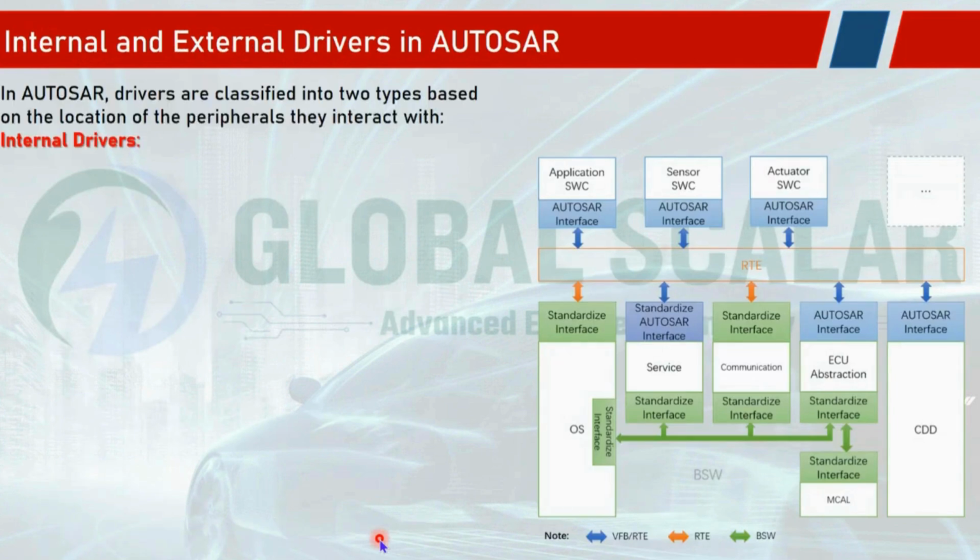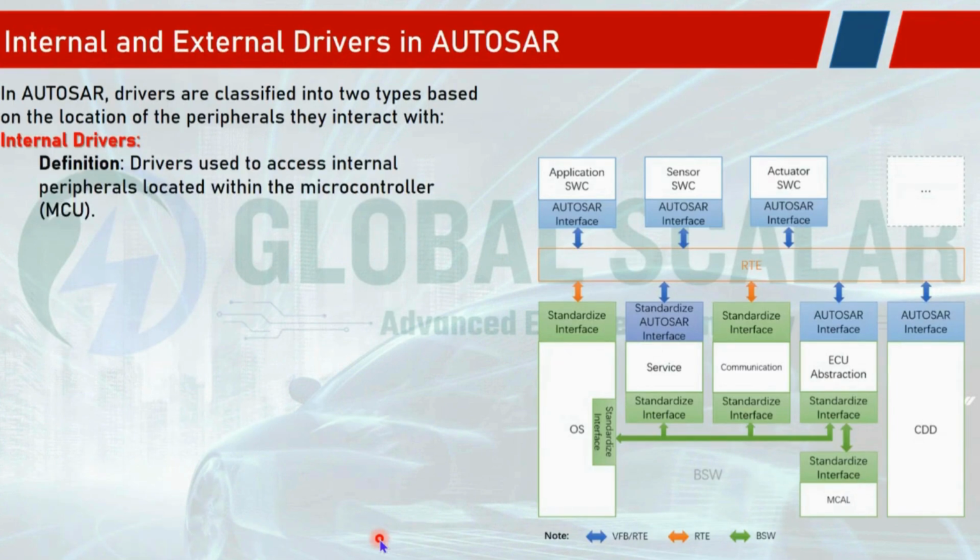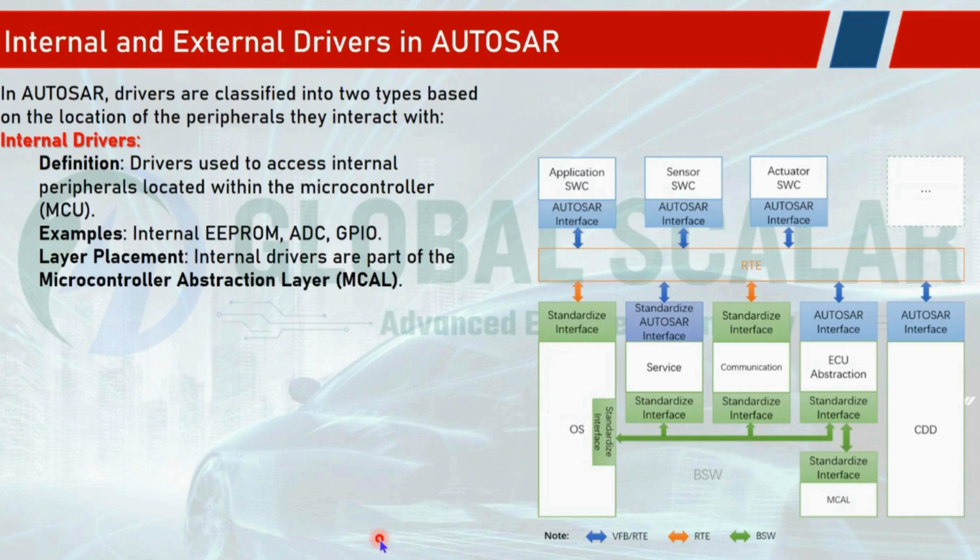Internal and external device drivers in Autosar. So internal drivers are drivers used to access the internal peripherals located within the microcontroller, like the communication protocols, internal EEPROM, ADC, GPIOs. The internal layer drivers are part of the microcontroller abstraction layer.